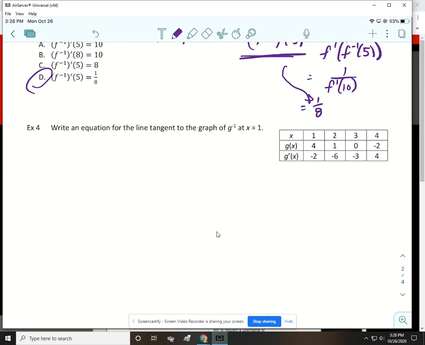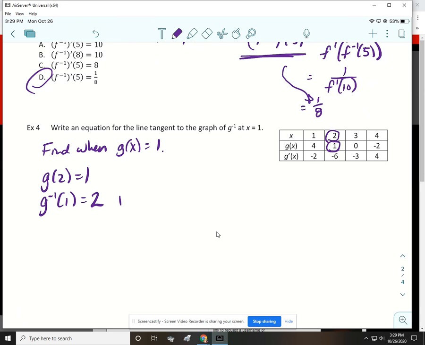So what we need to know is find when g of x is equal to 1, just like we were doing at the beginning. So g of x is equal to 1 when x is equal to 2. So g of 2 equals 1. G inverse of 1 equals 2. That is your point of tangency.